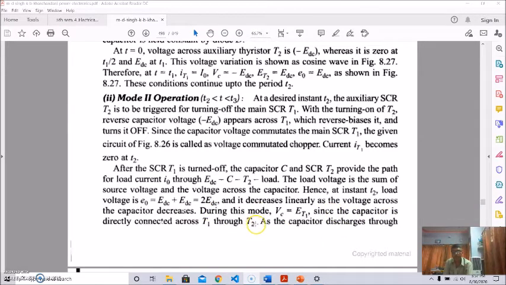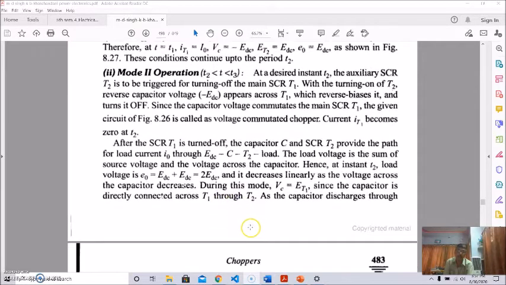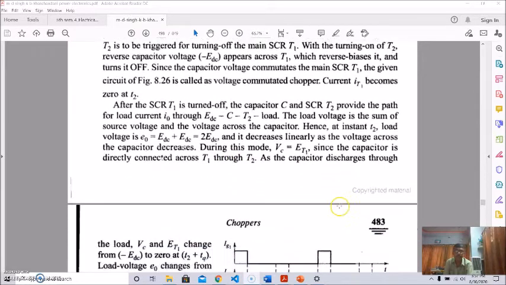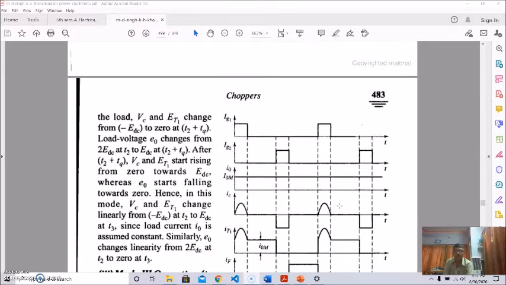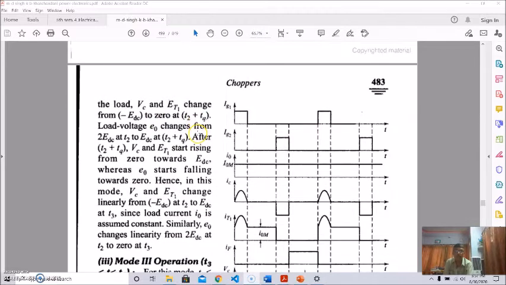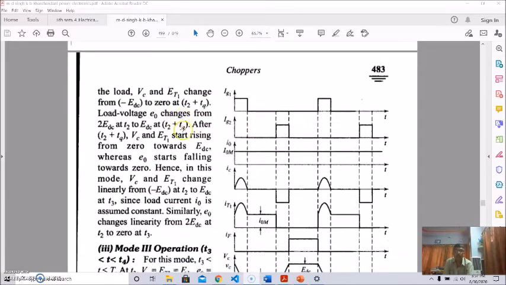During this mode Vc equal to Et1, and since the capacitor is directly connected across thyristor 1 to thyristor 2, as the capacitor discharges to the load, Vc and Et1 change from minus EDC to 0 at T2 plus TQ. So load voltage E0 changes from 2 EDC at T2 to EDC at T2 plus TQ.